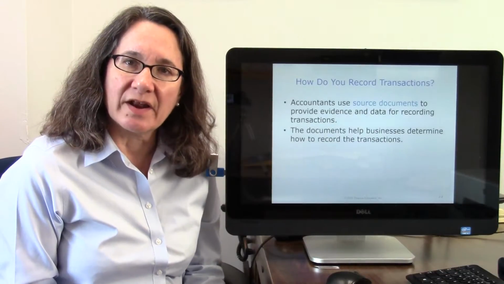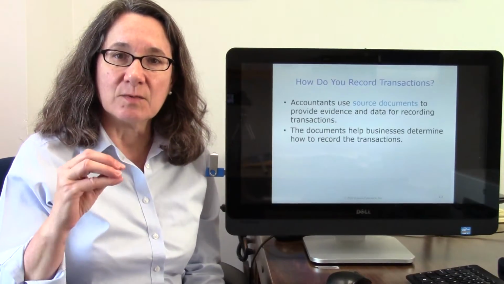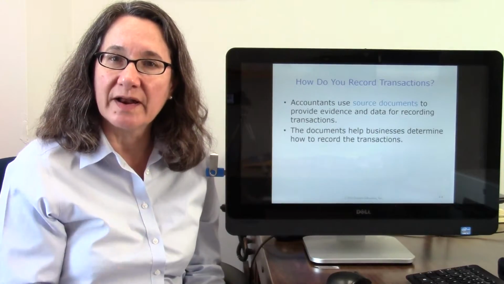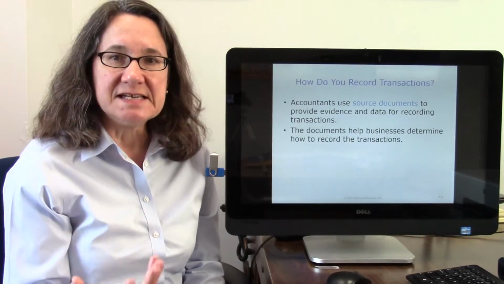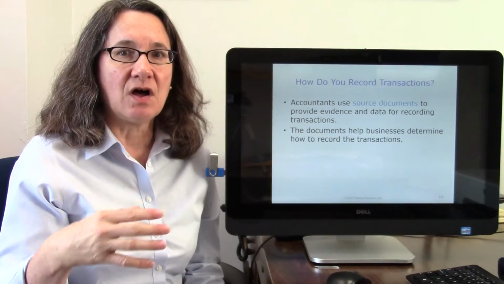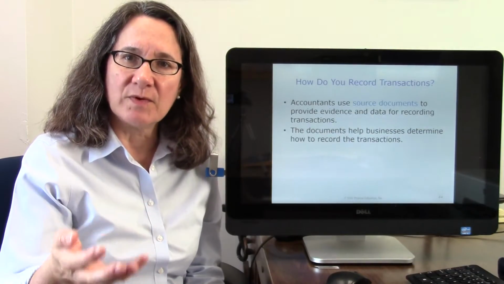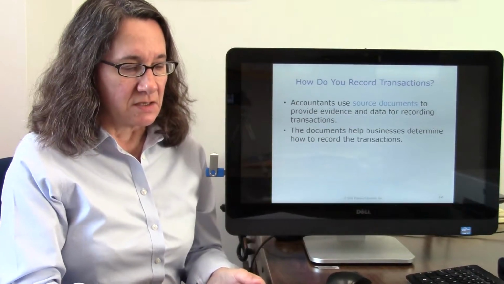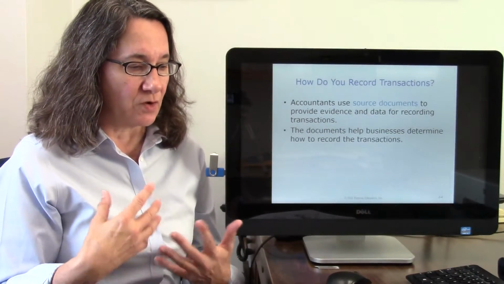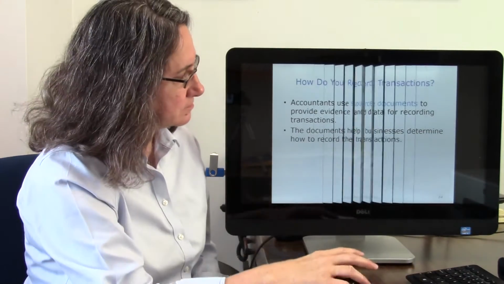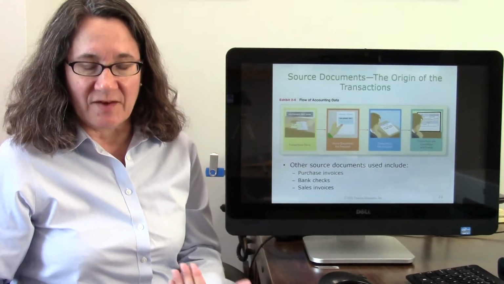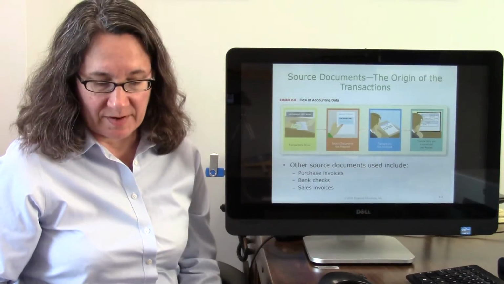Maybe you ordered something on Amazon and there was a shipping document inside that told what you bought and how much it was. Receipts from a cash register. These are all source documents that help with accounting. All right? So source documents are sort of the origin. So you have to look at that source document, you figure out what happened.